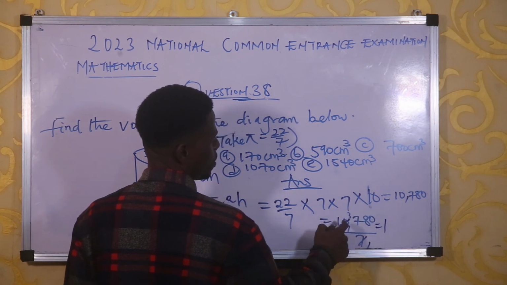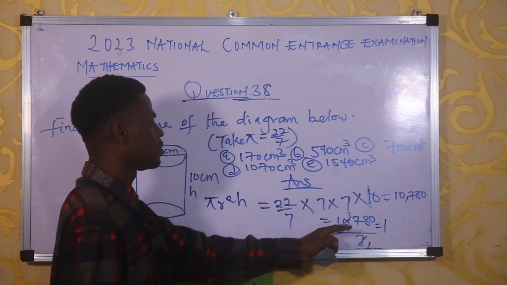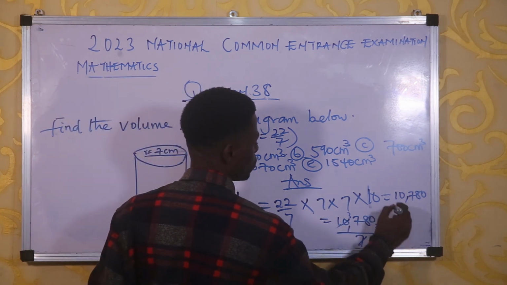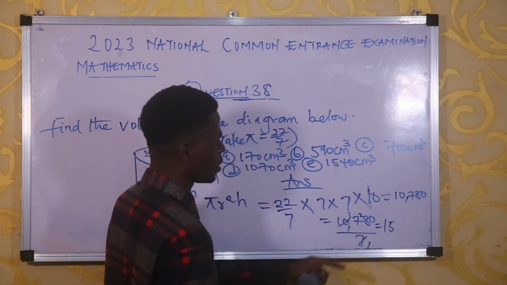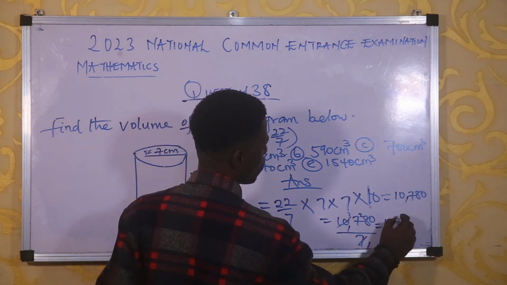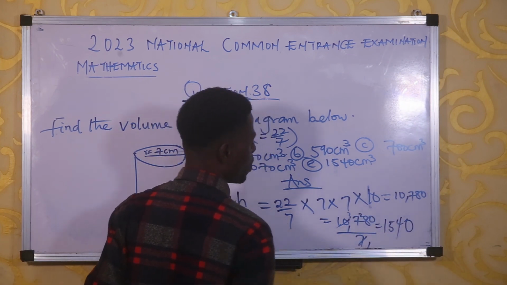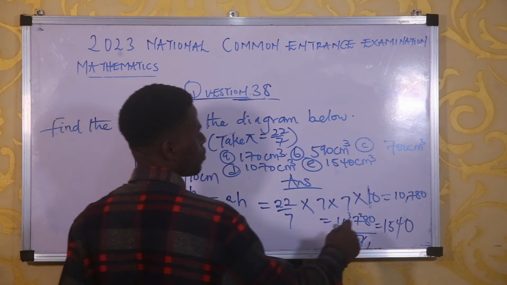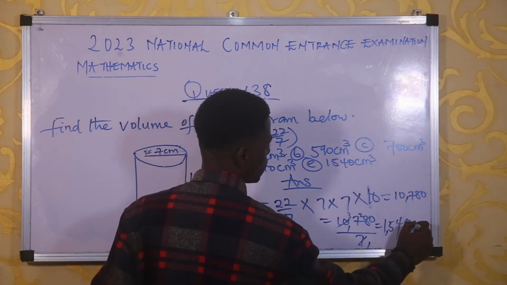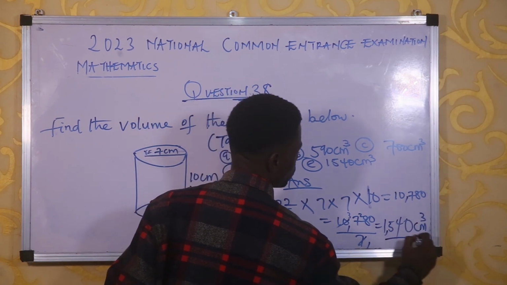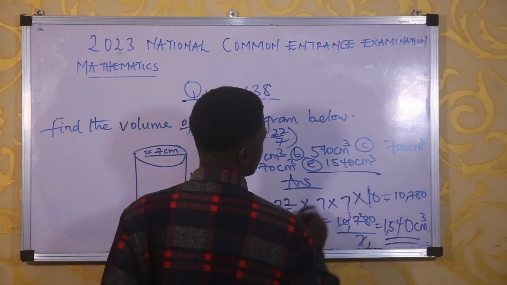We put our 3, it becomes 35, now it becomes 37. 7 in 37 is 5, remainder 2. Now I put the 2 here, becomes 28. 7 in 28 is 4. Then 7 in 0 is 0. So our answer is 1,540, so 1,540 centimeters cubed. So our answer is option E here.